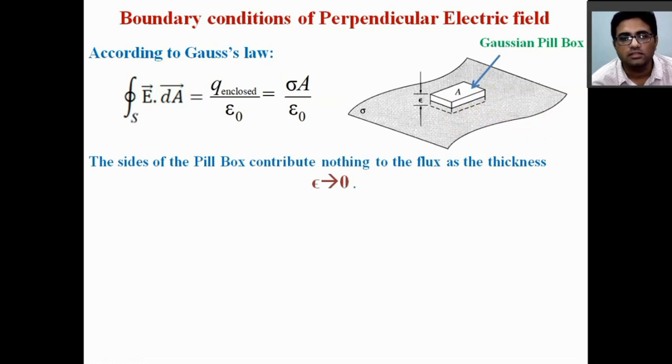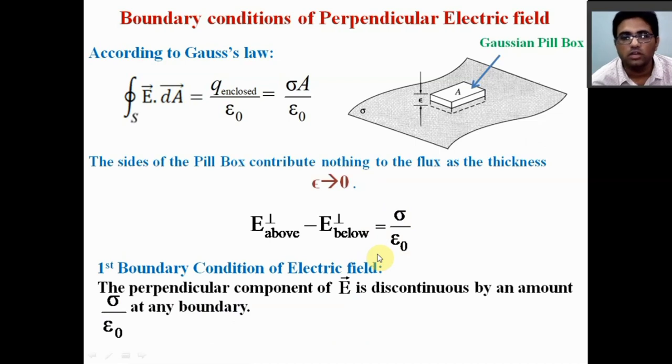So the difference between the perpendicular component of the electric field above and below the charge sheet is sigma divided by the free space permittivity. This is the first boundary condition of the electric field.